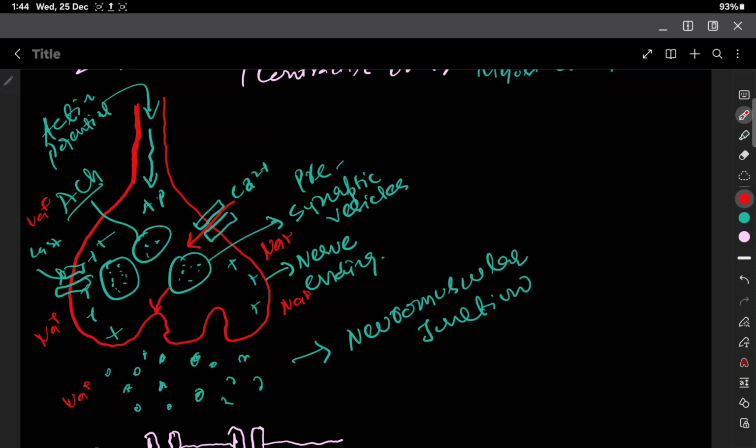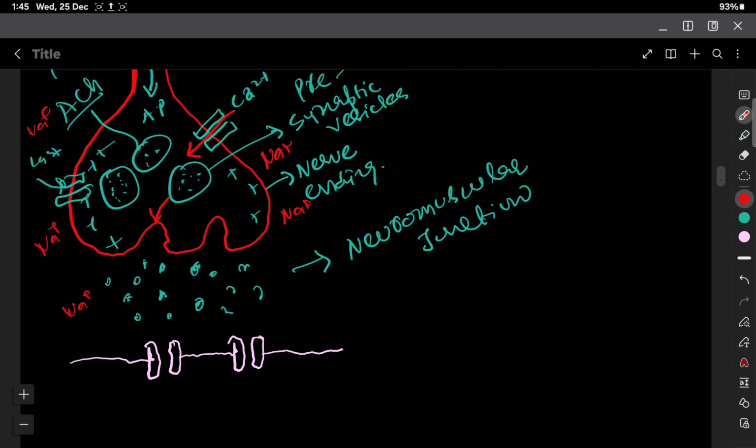But during the action potential, calcium will enter inside. So there is an entry of calcium inside the nerve ending, and that calcium triggers the release of acetylcholine from the synaptic vesicles. So now here is the presence of the membrane, so I will draw it completely.